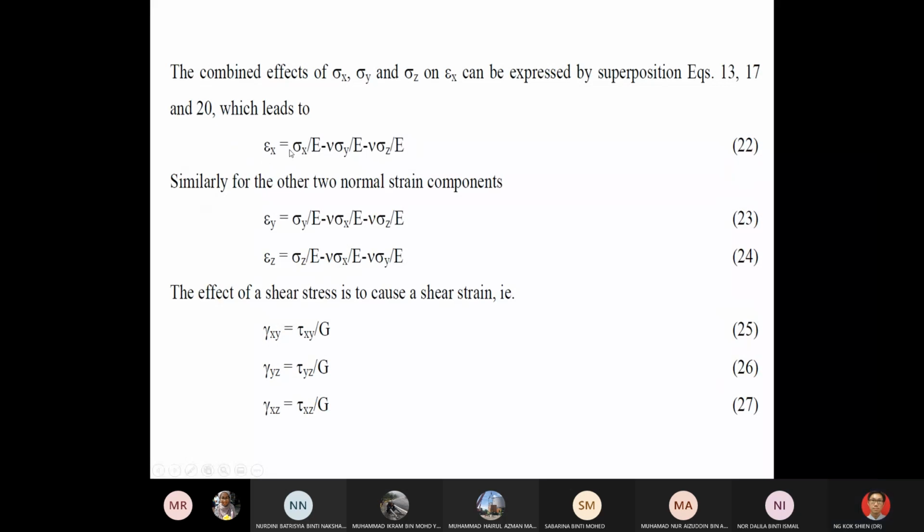The same applies to epsilon y and epsilon z. Other than normal stress, we also have shear stress. Sometimes we apply shear stress to a material, and this causes a shear strain. This is how to get the shear strain from the shear stress, using the shear modulus.